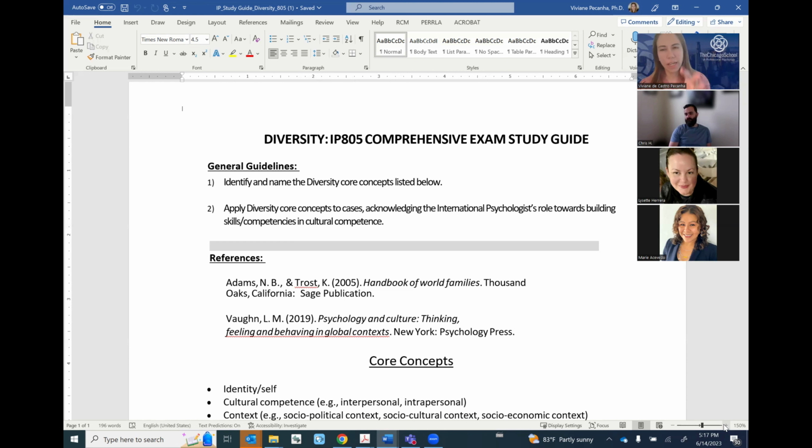Your course schedule is organized so that by the time of your comprehensive exam, you already took all the courses that are required for you to take the comprehensive exam. So let's focus here on the specificities about the diversity comprehensive exam.